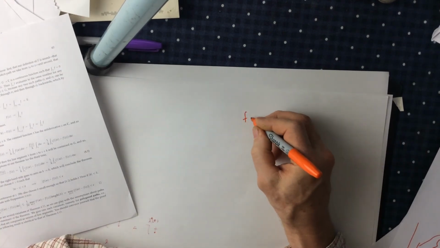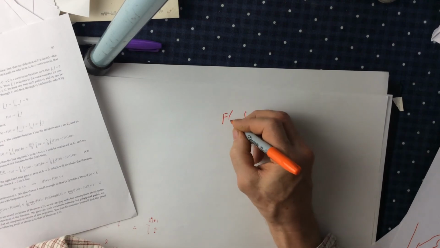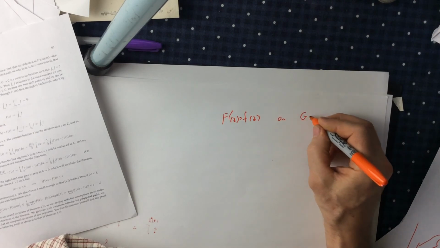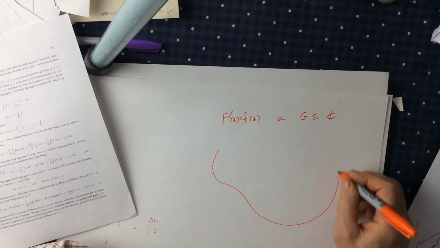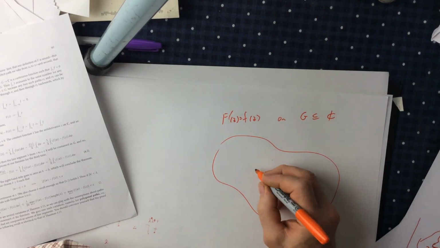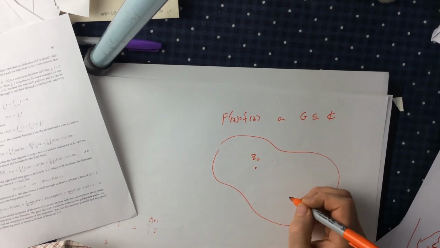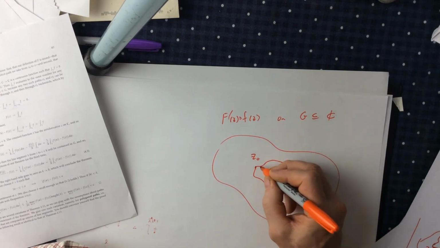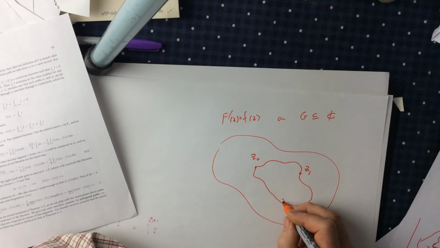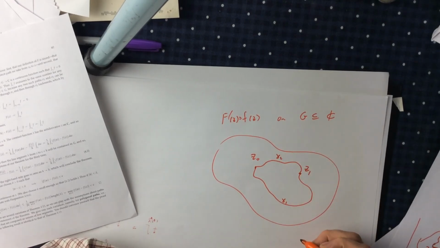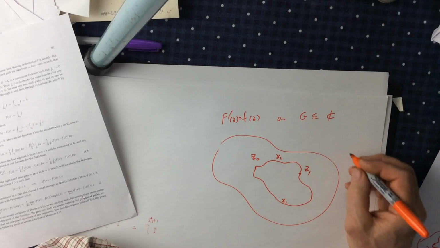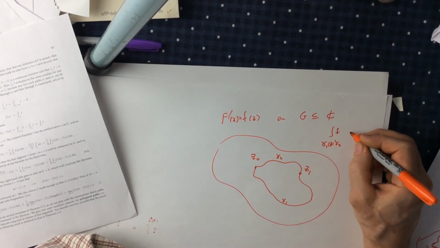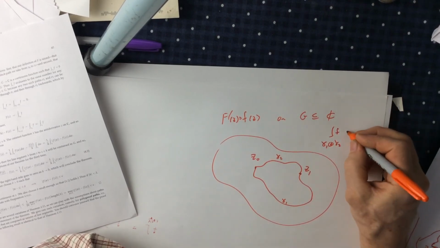So let's suppose we have a function F of z, and it's the antiderivative, so F prime equals f on some region G inside of the complex plane. Here's a z0, and we wander around to a z1, and we wander back. So if this is gamma 1 and this is gamma 2, then gamma 1 followed by gamma 2, the circle plus of the gammas, the integral of f, since it has an antiderivative on this region G, must be 0.